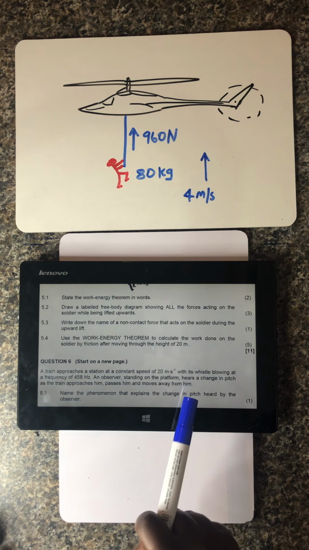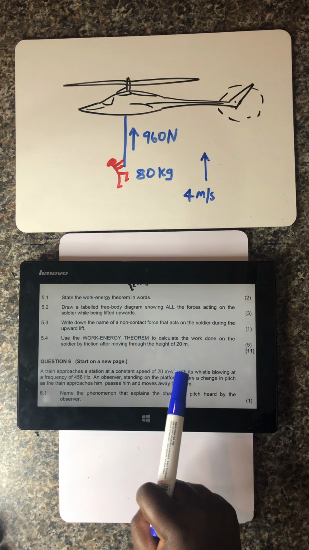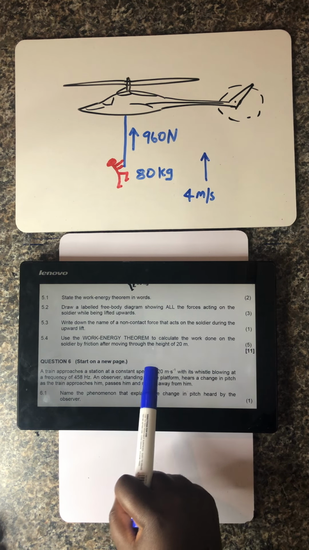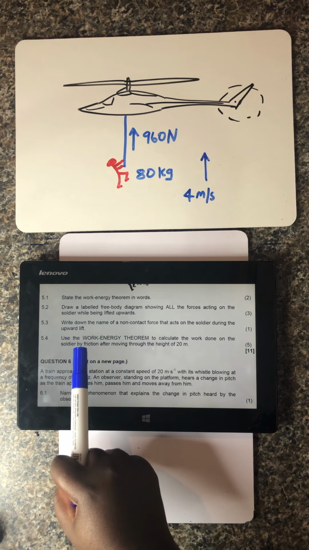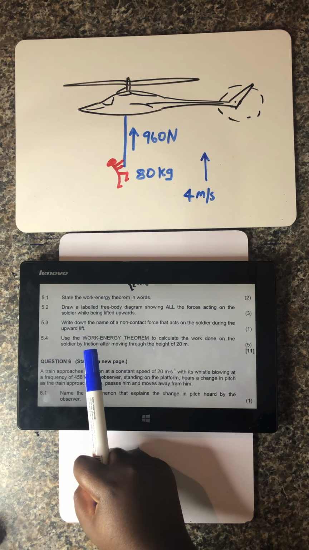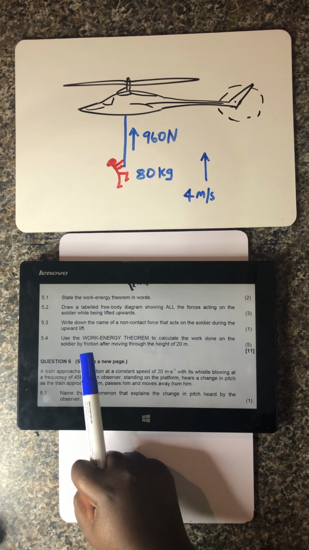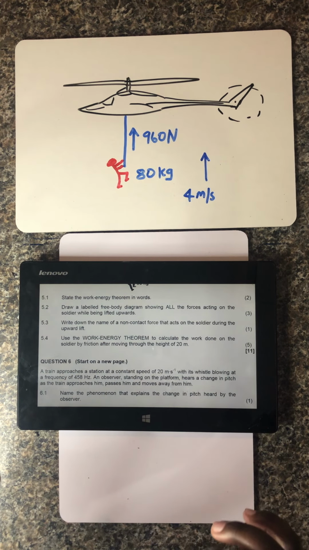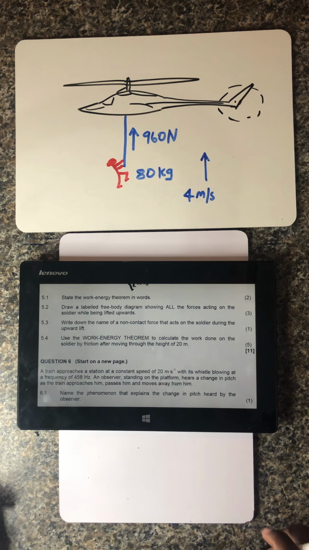So that means you are actually calculating the force as a result of friction. But most importantly, ladies and gentlemen, at all times, try to visualize exactly what the question wants you to calculate.